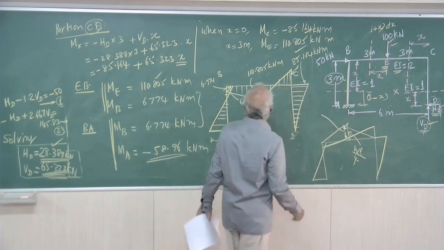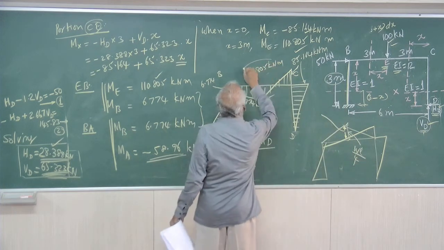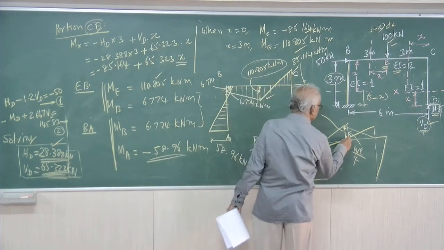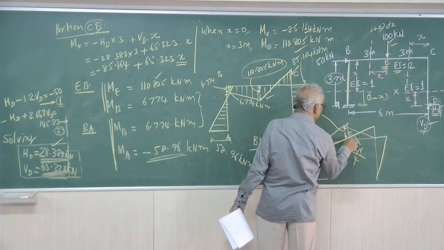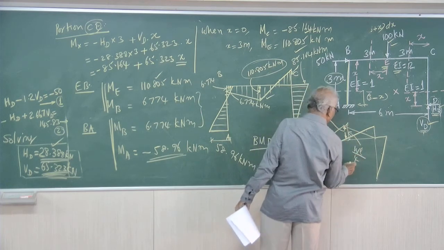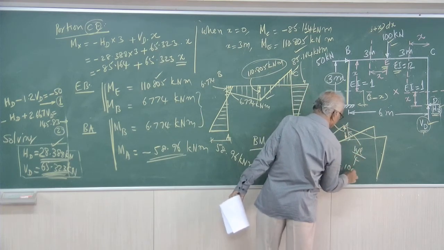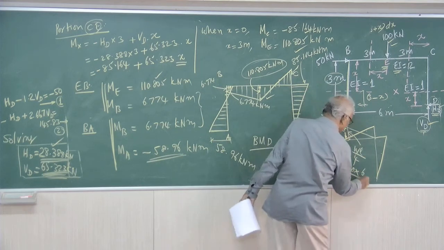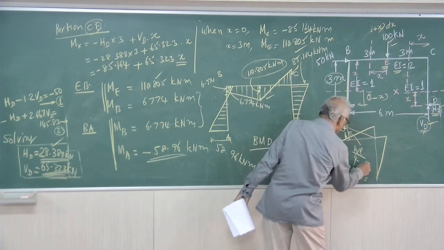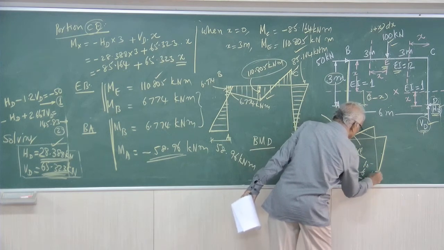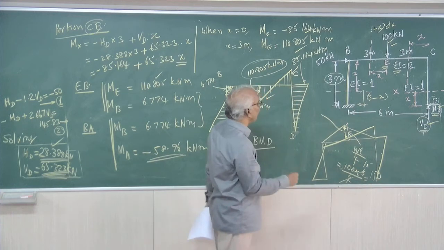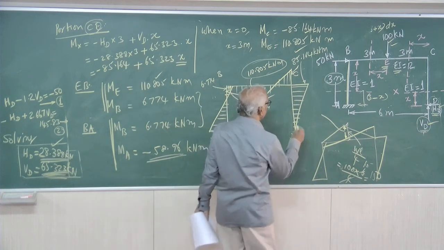We know that the strain energy method will give you the net value. So, WL by 4 is 100 into L, which is 6 meters, by 4, equal to 150.